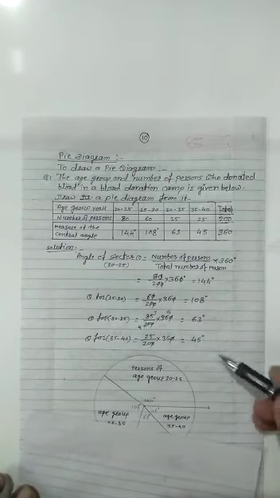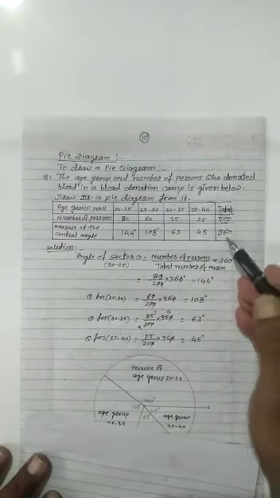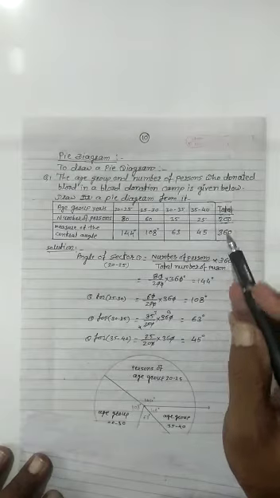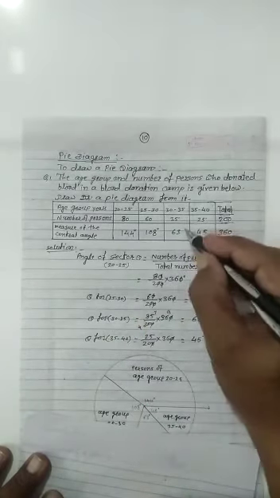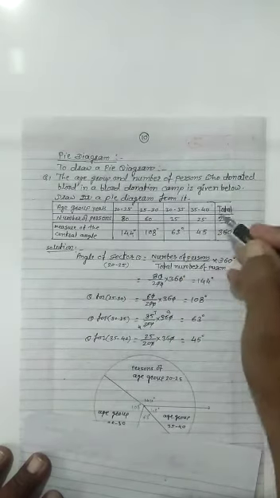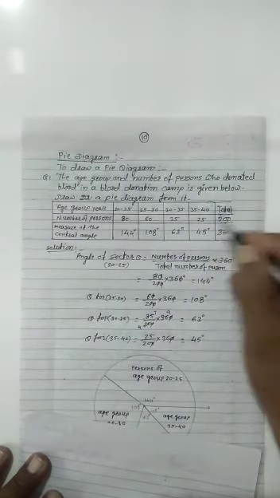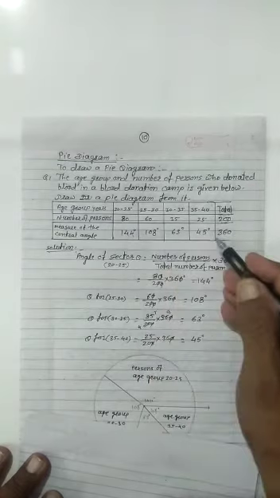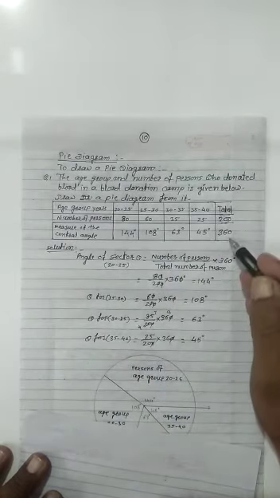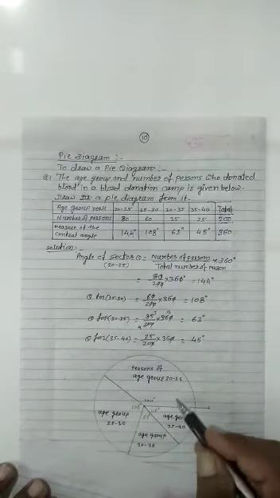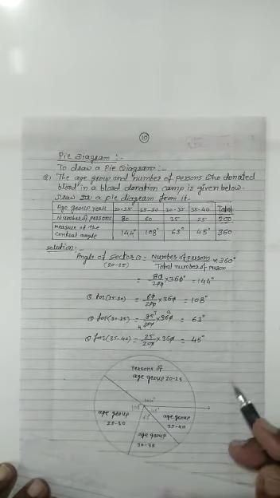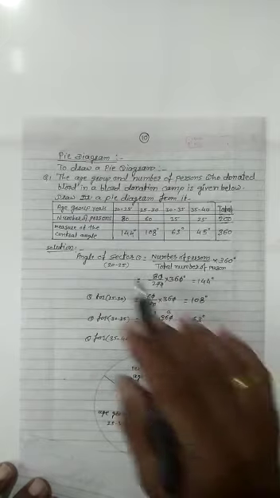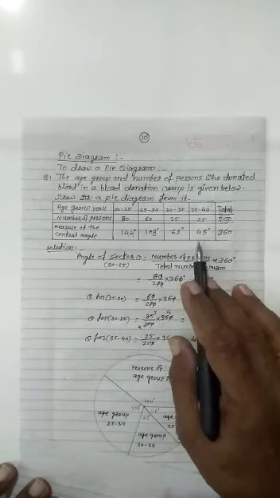In this way we find all the classes converted into the measure of the central angle in degrees. See, the addition of these 4 is again 360, meaning the total measure of this circle is 360. That 360 is divided into these 4 sectors.